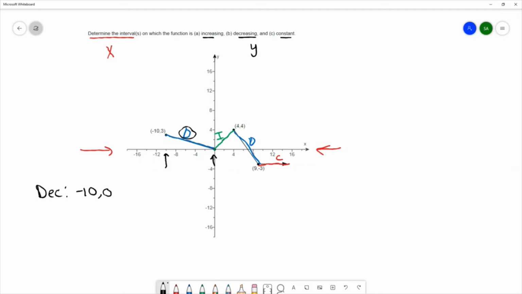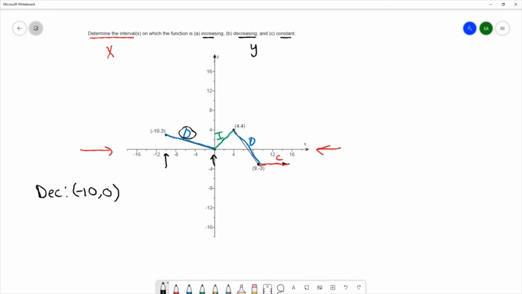Now, I'm either going to put parentheses or brackets on these intervals. Depending on the definition that's given to you, in some books you use parentheses, in other books you use brackets. In our college algebra book, we use parentheses, but in the pre-calculus book I use, they would put brackets on those intervals.